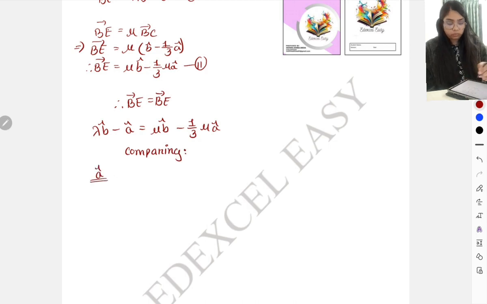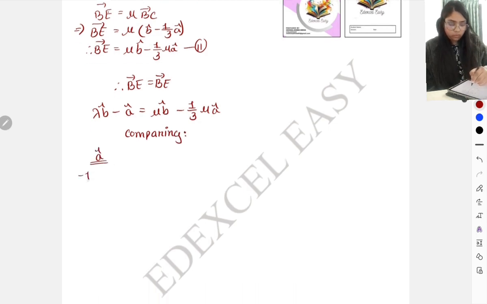So the A coefficients give minus 1 equals minus 1 by 3 mu, which finally says that mu is minus 1 over minus 1 by 3. That's going to be positive 3, right? So the value for mu is positive 3.